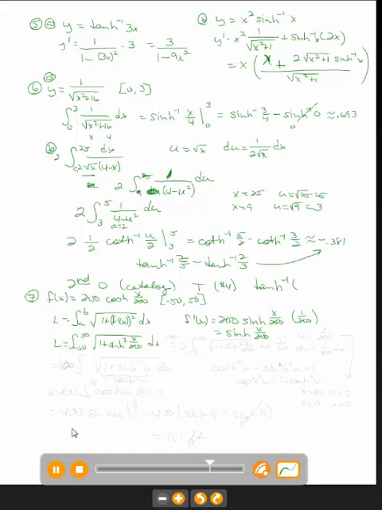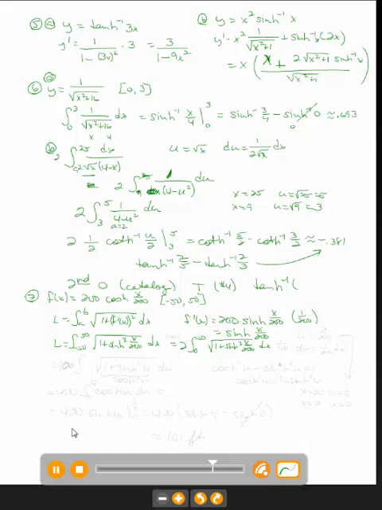Now, since it's symmetric, the way they've placed it on the axis, we can make this a little simpler and put a 2 out in front and go from 0 to 50. And that's the problem I'm trying to work now.